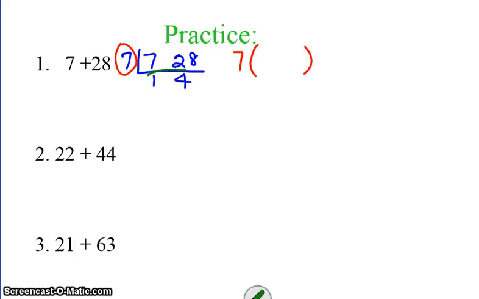Our remaining factors are the 1 and the 4, and the original problem was addition. We go to order of operations. 4 plus 1 is 5, multiplied by the 7. And we get 35.